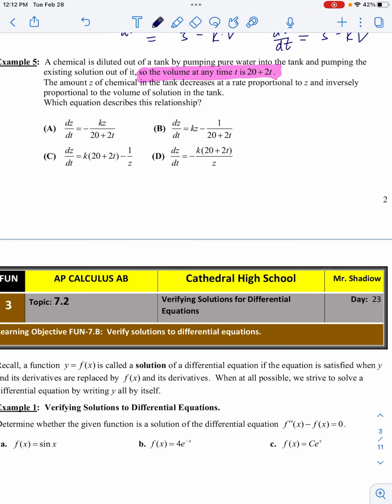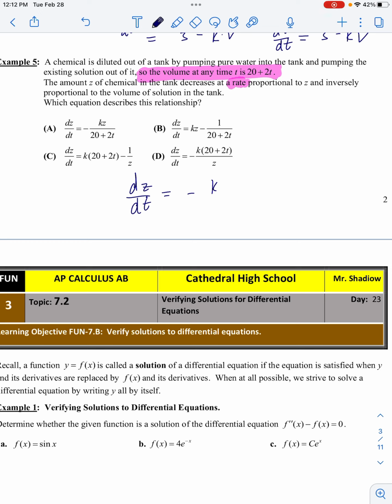So let's think of this. The amount of chemical Z in the tank decreases at a rate. So the rate of change of Z, where Z is the amount of chemical in the tank, as time goes on, is decreasing, so it's going to be negative.